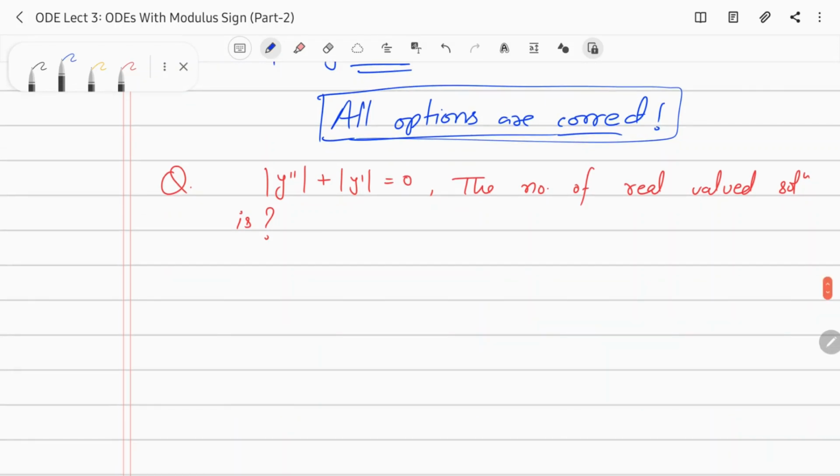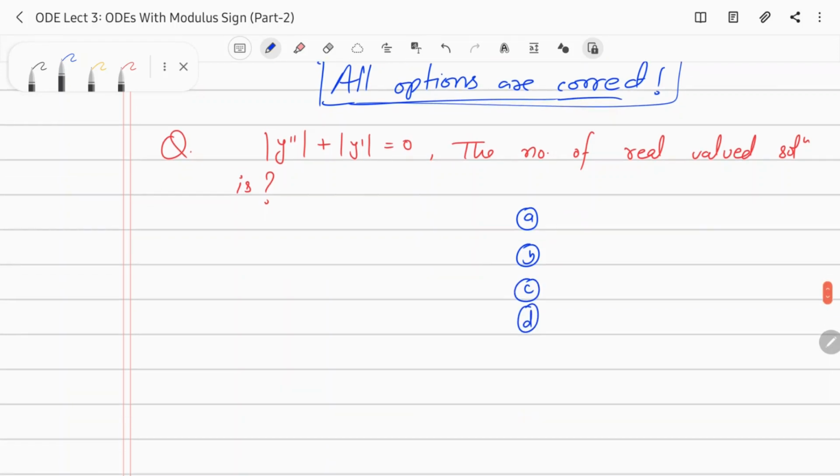Okay, nice. So now let us make some options. Considering, let us say, this would be asked in CSIR or GATE, right? So let me write some options. We will go with both approaches: unique, no solution, infinite solutions, and finite but not unique, right?